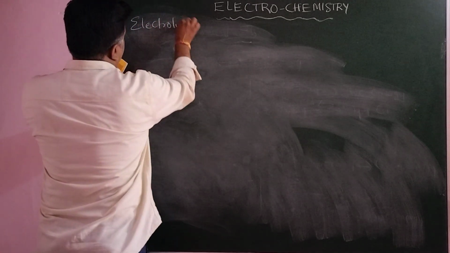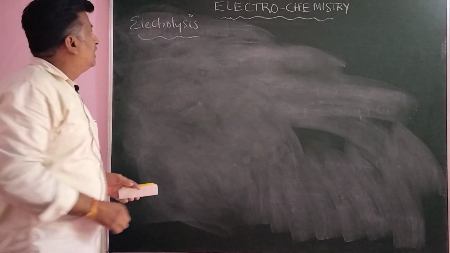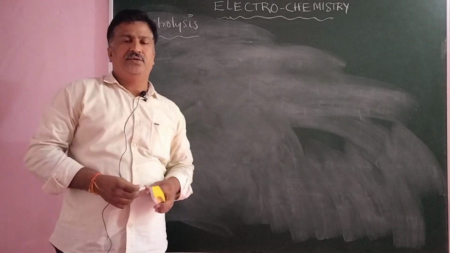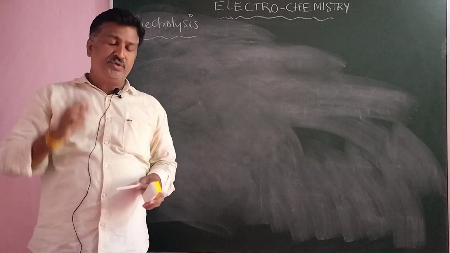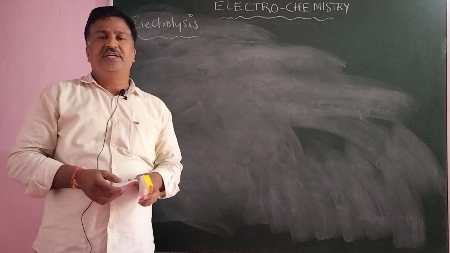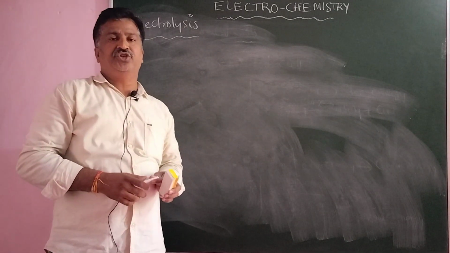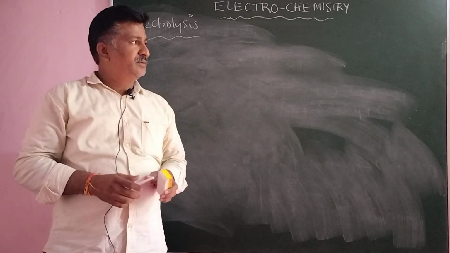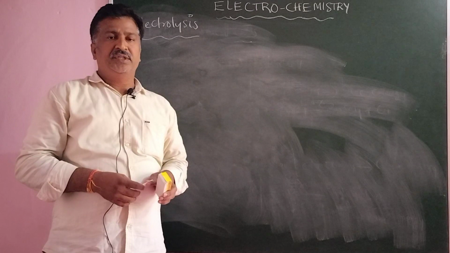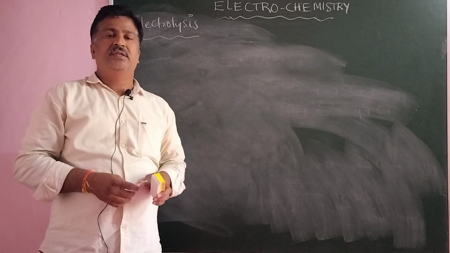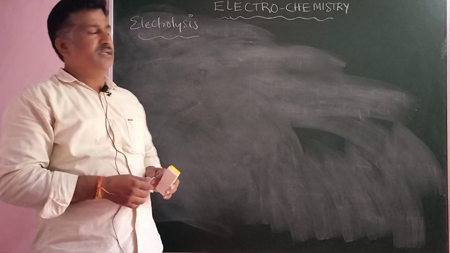What is this electrolysis and how can you define this electrolysis? It is the process by which the decomposition of electrolytes takes place by supplying some electric current in the aqueous state or in the molten state of the electrolyte in the electrolytic cell.